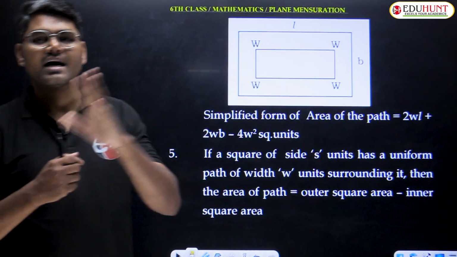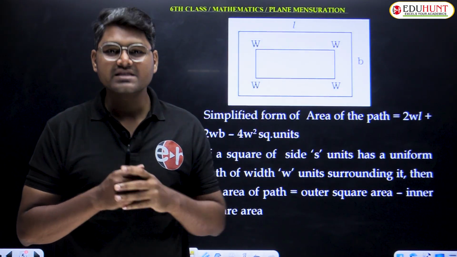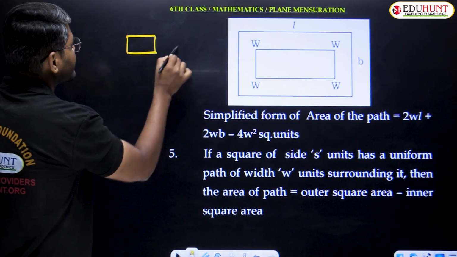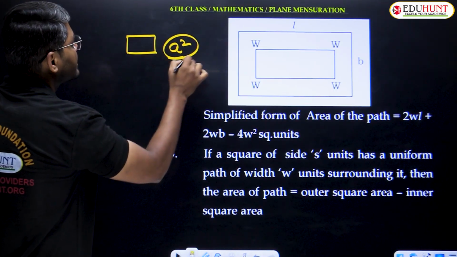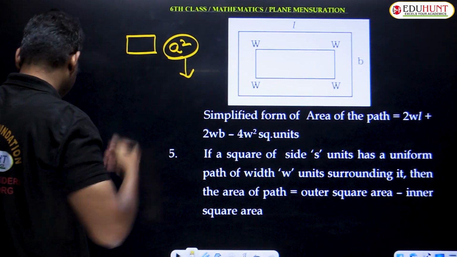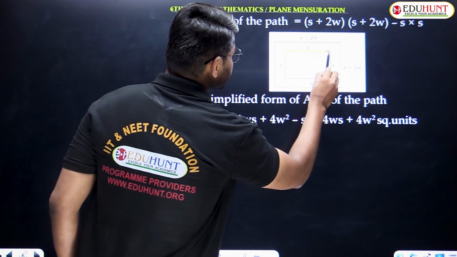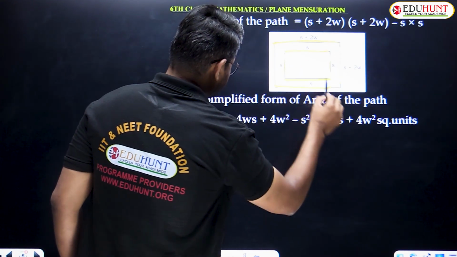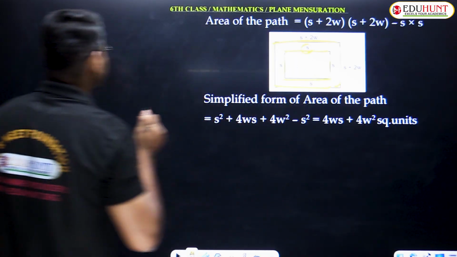Next, let's see the path area of a square. What is a square area? Side into side, A into A, that is A square. This is the area of a square. This is inner square and this is outer square, which is having S units.